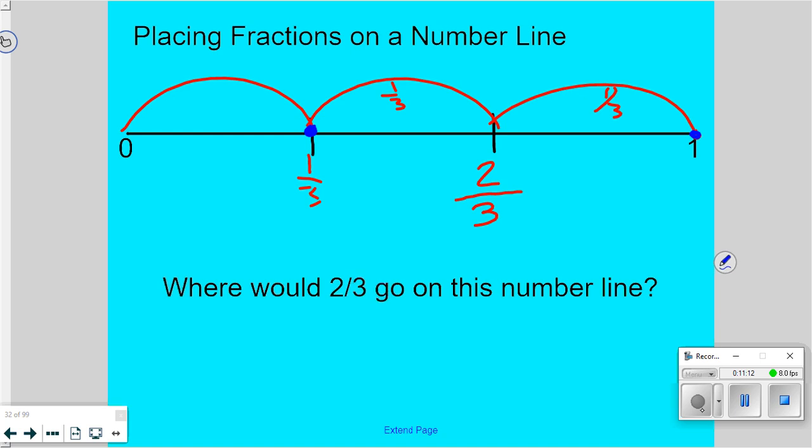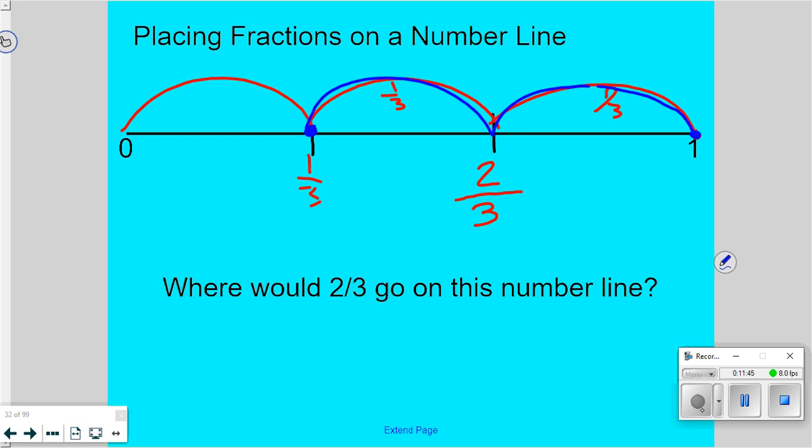Heidi, what do you think? 2/3. Why do you think 2/3? It's in between 1/3 and 3/3. Because on the number line, I see 1/3, and then I see 2 hops, and then I see 3/3. Okay, so if we're counting my hops, each hop is worth how much? 1/3. 1/3. 2/3.